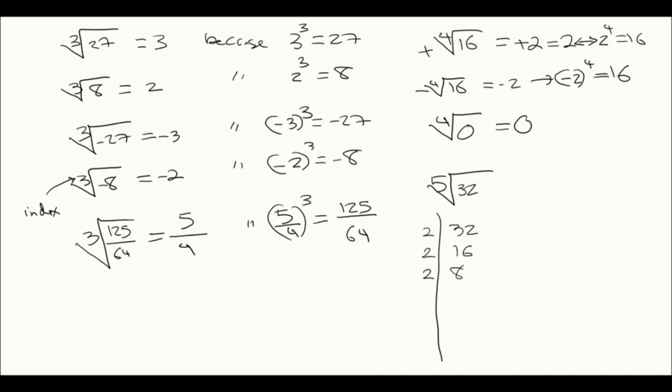Once again, 2 will give us 4. One more 2 gives us 2, and finally 2 goes into itself once. We can see that 32 is basically 2 to the 5, so it's a perfect 5th power. So what number is it whose 5th power is 32? Basically 2.